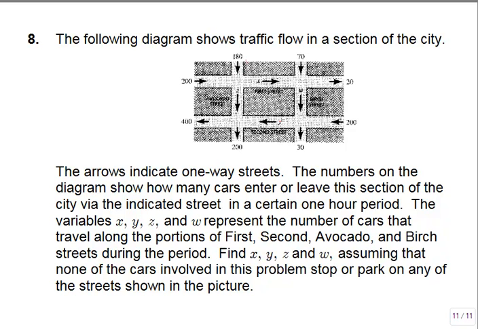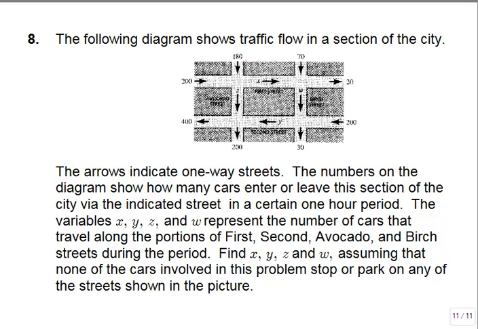The variables x, y, z, and w represent the number of cars that travel along the portions of First, Second, Avocado, and Birch streets during that period. We want to find out how many cars go through those streets, assuming that none of the cars stop or park on any of the streets. They just keep moving through these intersections.